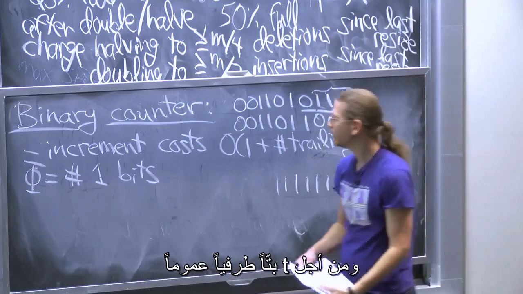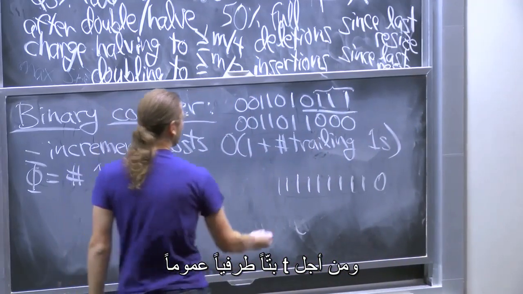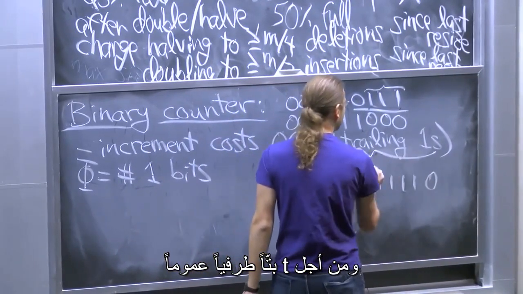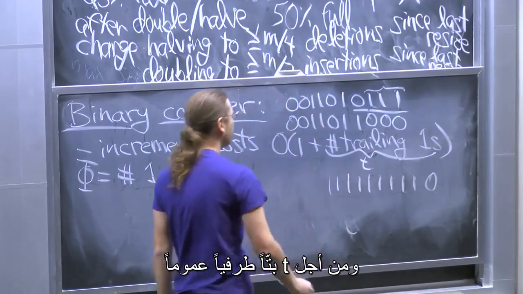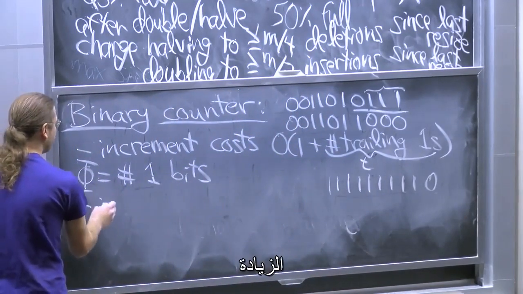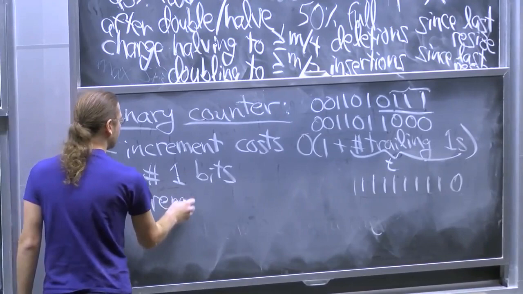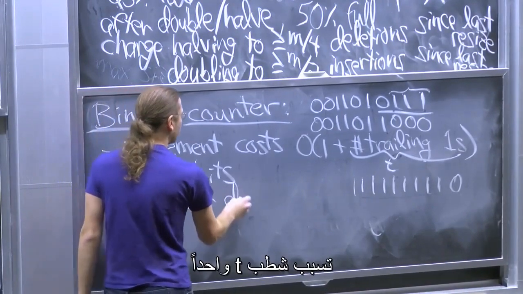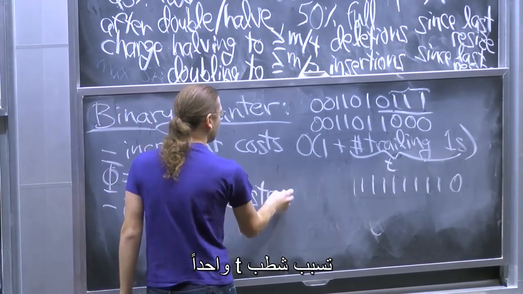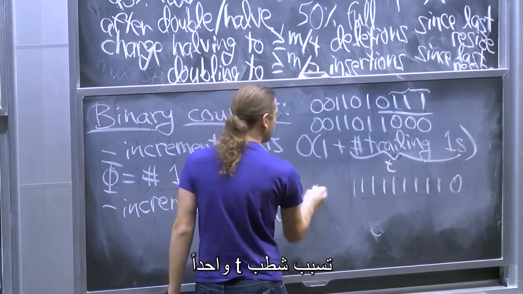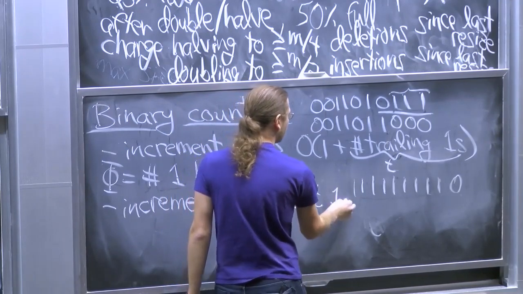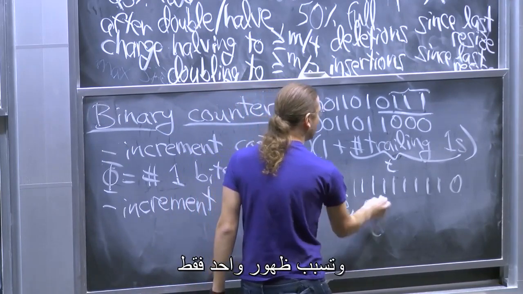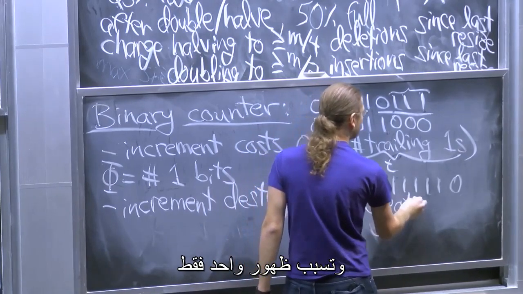Okay, in general, if there are, let's say, t trailing ones, then an increment destroys t 1 bits, and it creates one 1-bit.